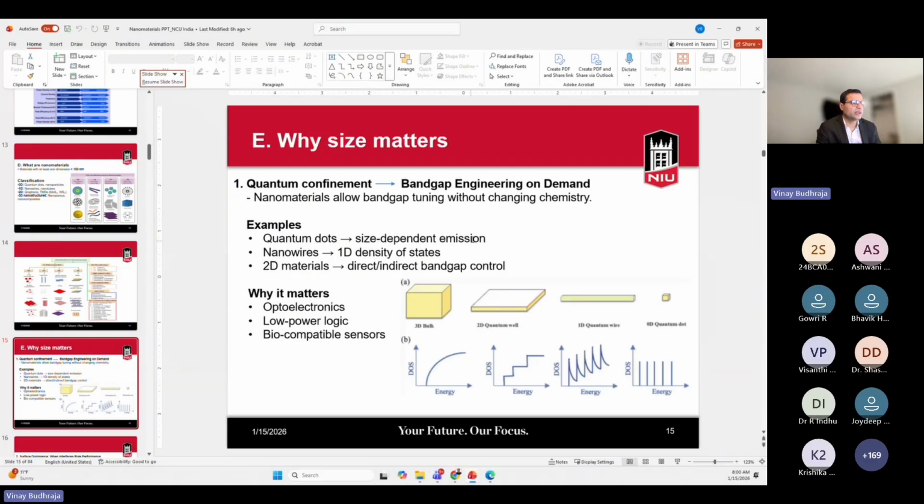It has size dependent emission, and you can see that when it exists as 3D bulk, 2D quantum well, 1D quantum wire, or 0D quantum dot, the density of states changes, and density of states controls the carrier flow. Due to the quantum confinement, it is used in optoelectronic applications, low power logic, and biocompatible sensors.